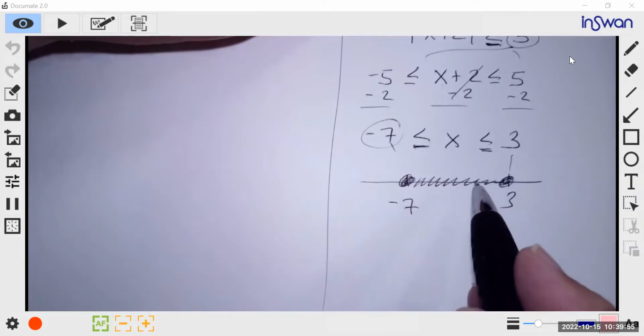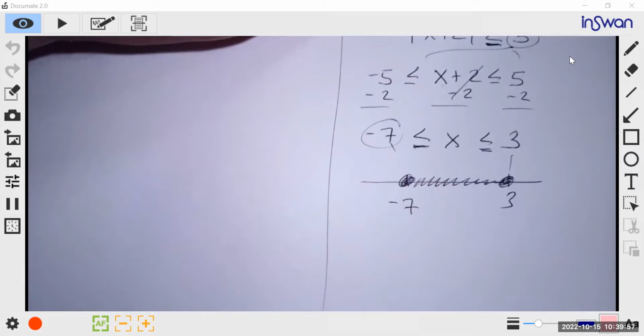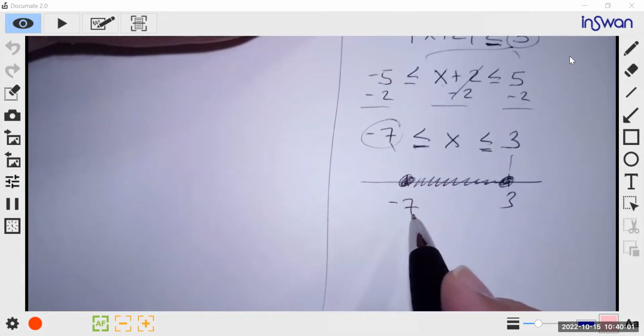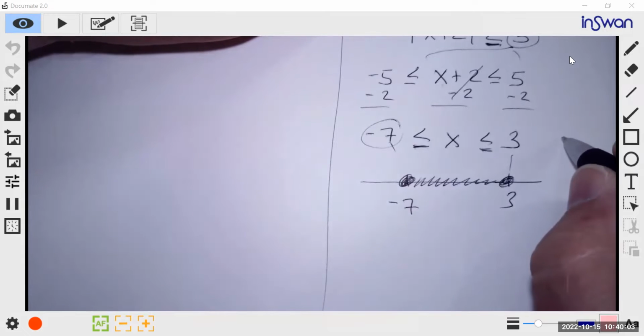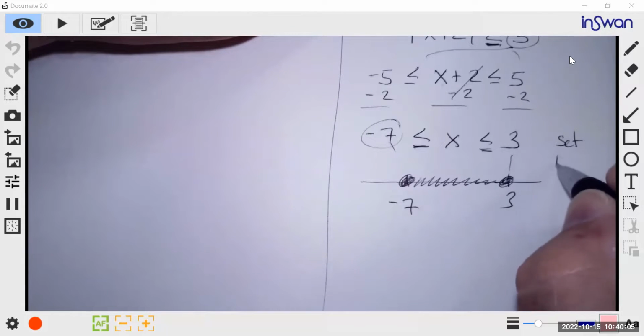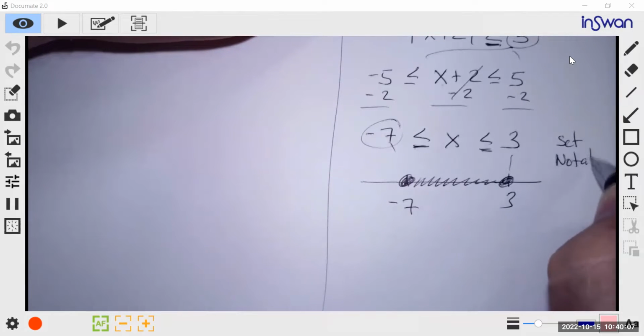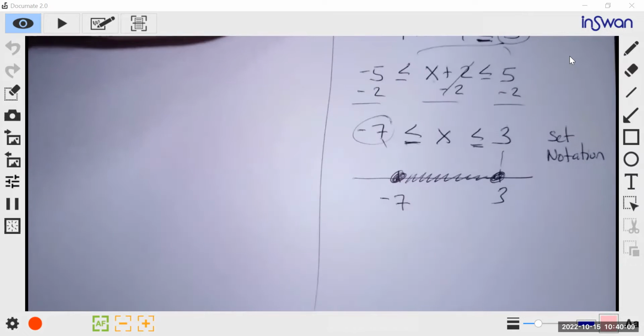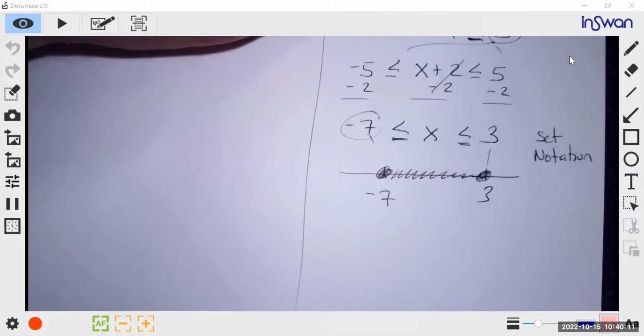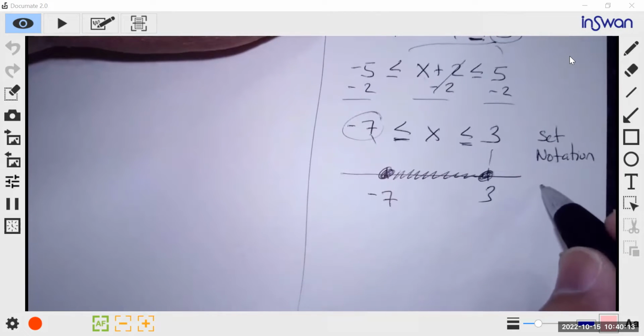Now there's a third form we could put it into. This is set notation. We talked about that 2 weeks ago. That's graphing.